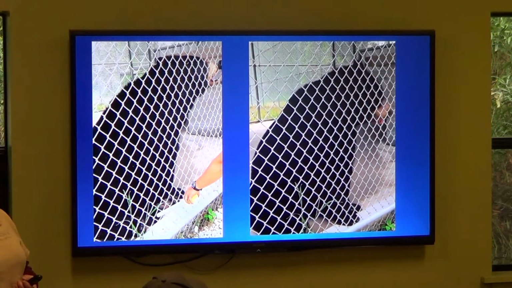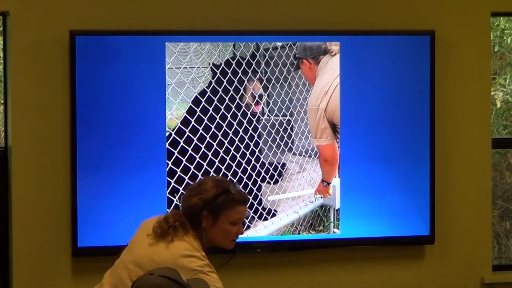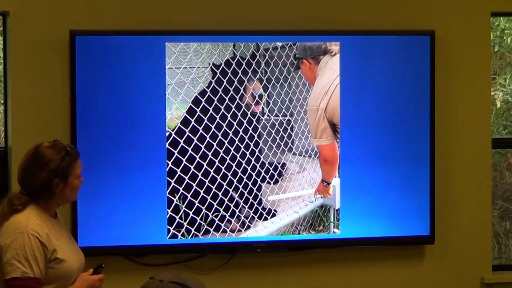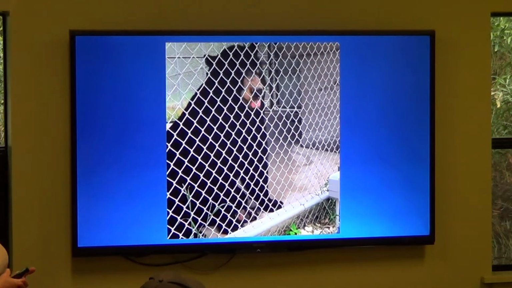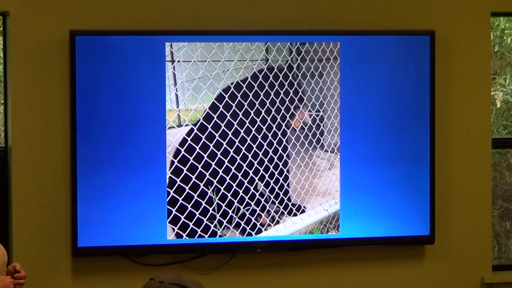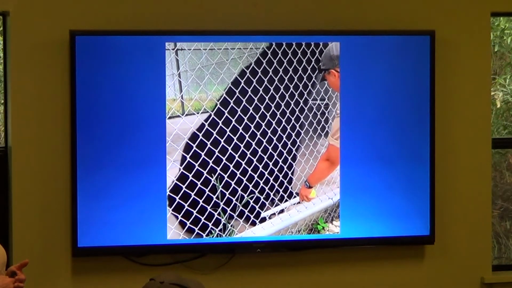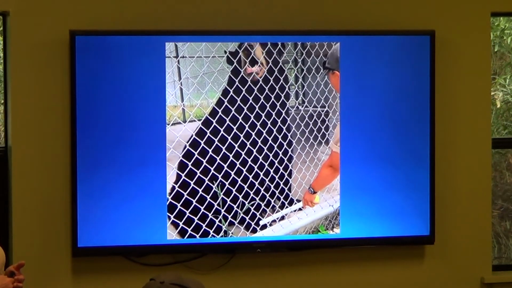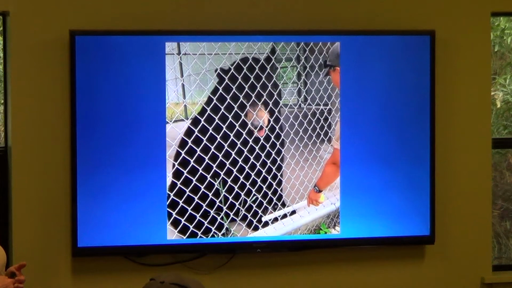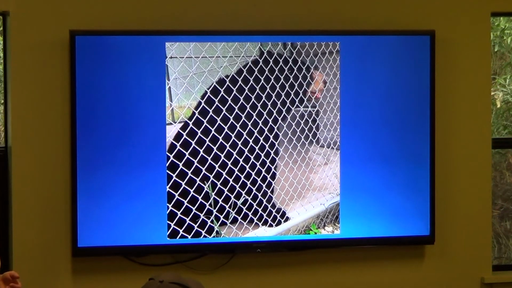So small step, he moved his paw up a little bit more that time. Okay, so you can kind of see the progression there, just the movement to a little bit more movement to a little bit more.